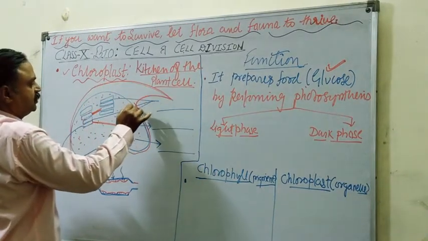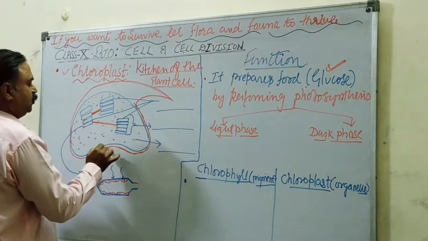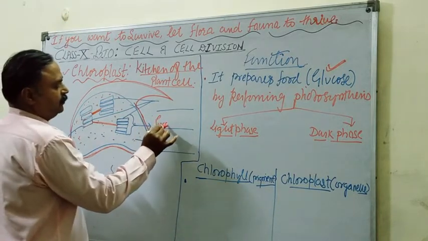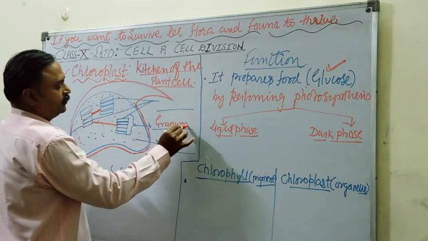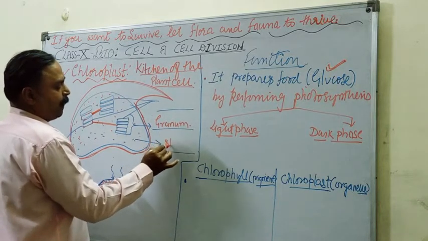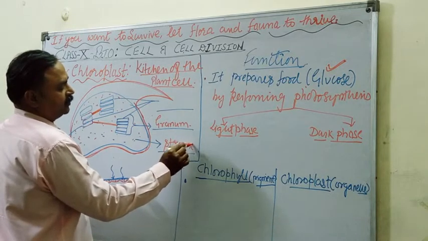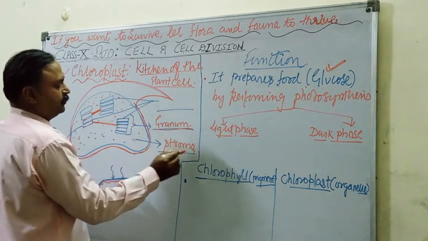A chloroplast consists of two main parts, that is granum and stroma. Now what is granum?